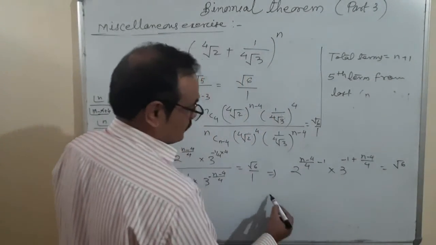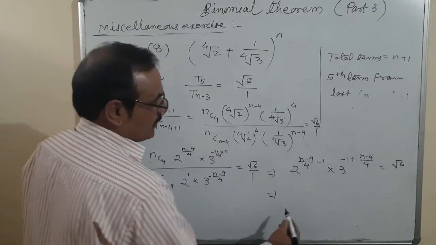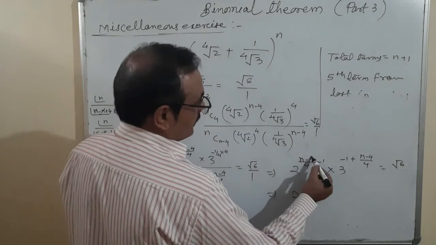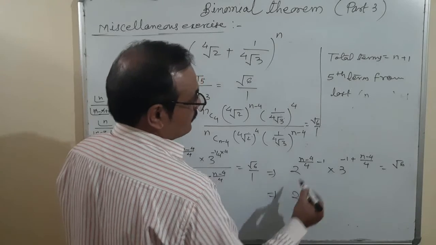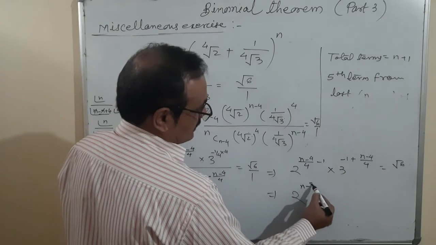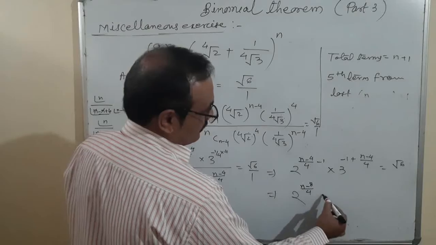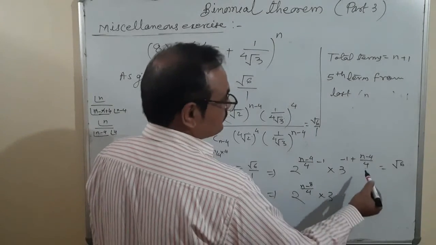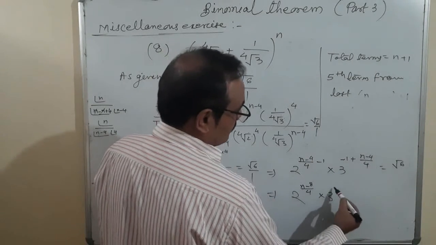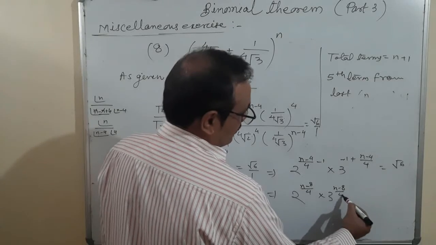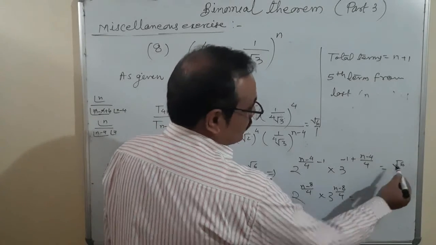That is 2 to the power n minus 8 upon 4, 3 to the power n minus 8 upon 4, is equal to root 6.